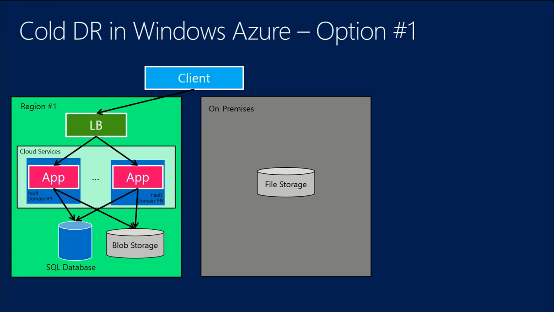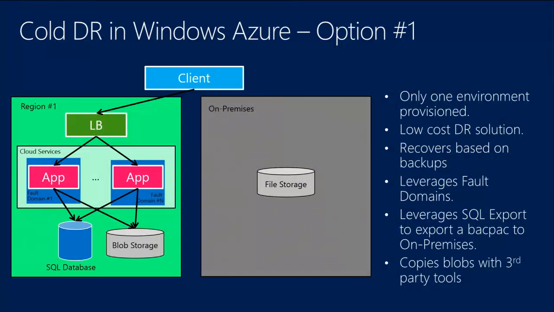Another thing that we would do is, for example, back up a SQL database. What would we use here? SQL database provides a capability which is SQL import and export. What they basically create is a bacpac. Anybody already know what a bacpac is?